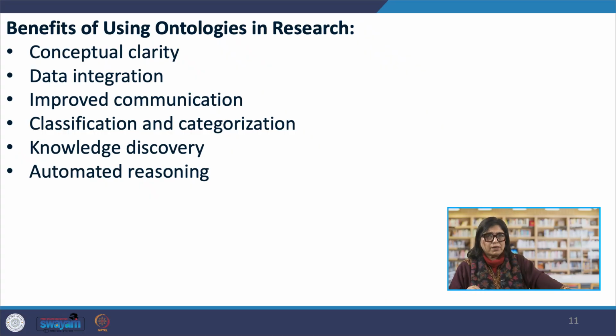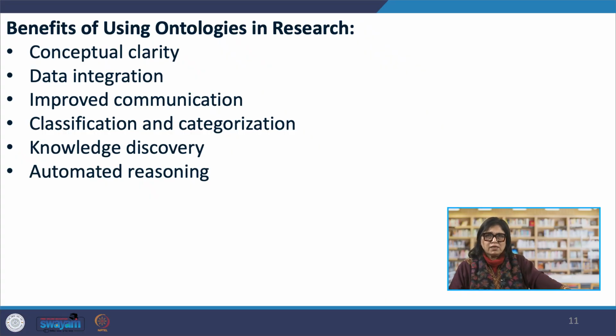Based on this definition, an ontology's primary purpose is to represent the entities in a domain by providing sets of machine understandable statements and linking the descriptions and classifications of the terms and relationships among them. So what are the key benefits? Conceptual clarity.